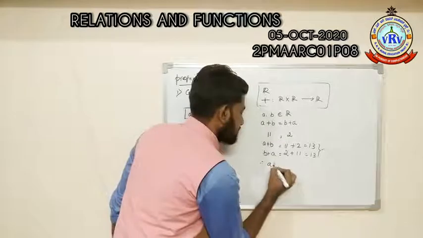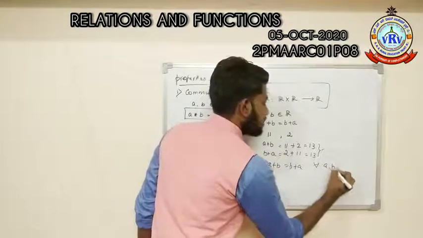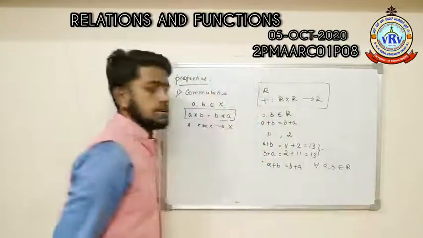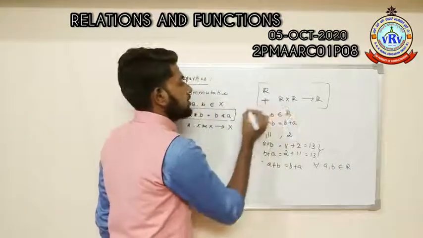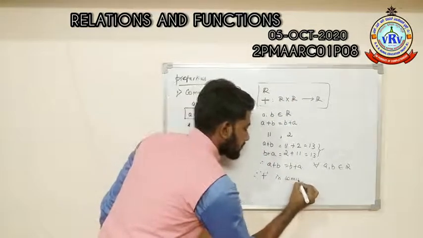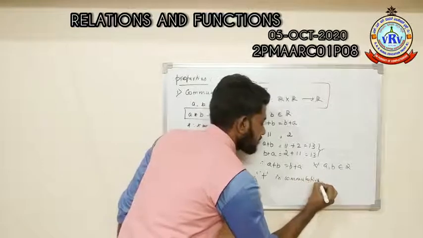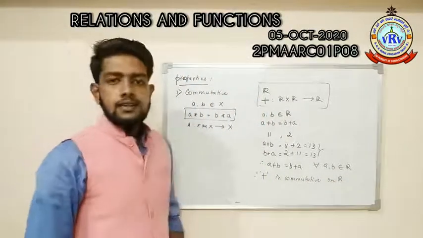Therefore A plus B is equal to B plus A for all A, B which belong to the real number set. Right. Therefore addition is commutative on the set R. Clear?